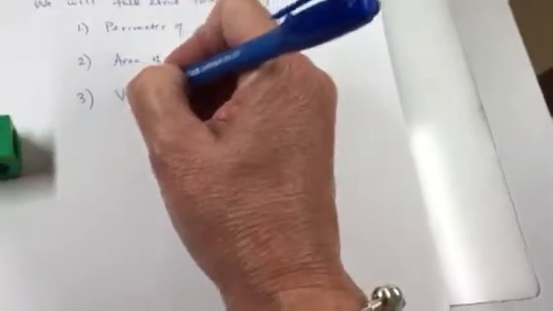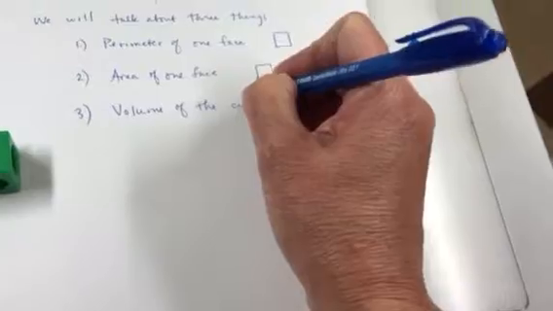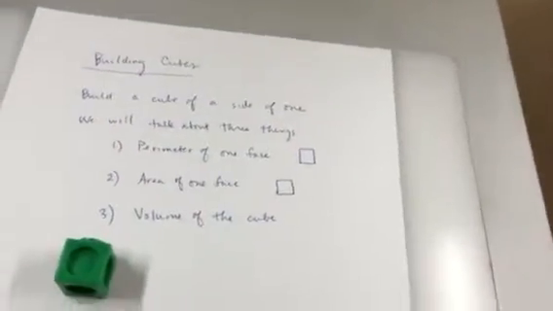But again, what you've been doing for years and years and years. And then the third thing, we're going to do the volume of the cube. So how many, well, I won't comment more on that. We'll comment more as we go with this, okay?